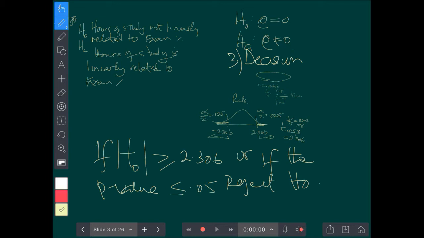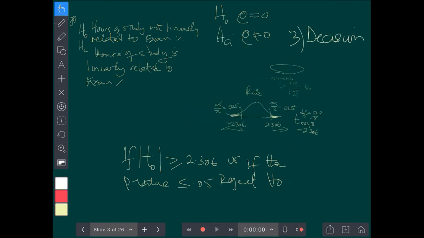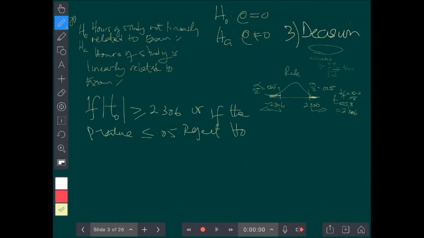Otherwise, we fail to reject H0. Otherwise, fail to reject the null hypothesis. All right. So that is indeed step 3. Now step 4 is just the analysis. All we got to do is to substitute values in the equation that we have.